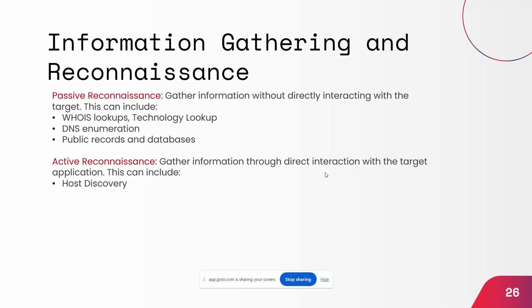But of course, this is the first step that we do as part of active reconnaissance. Then once you have identified all the available hosts, which are alive and which are not, we will go with the next step called port scanning and service detection.